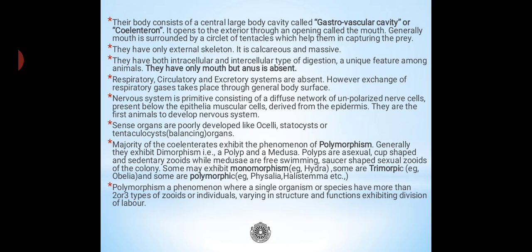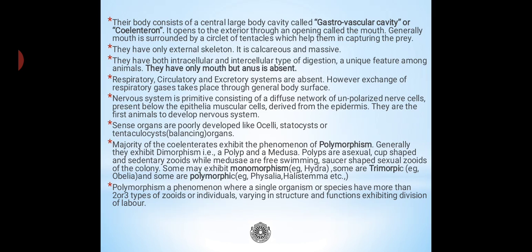Respiratory, circulatory, and excretory systems are absent. However, exchange of respiratory gases takes place through general body surface through a mechanism called diffusion. The nervous system is primitive type, consisting of a diffuse network of unpolarized nerve cells present below the epitheliomuscular cells derived from the epidermis.